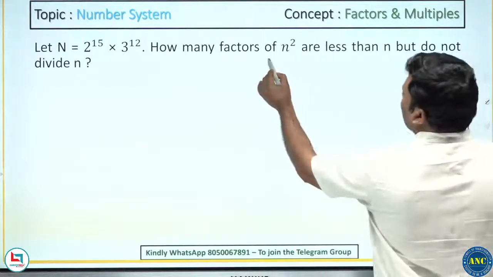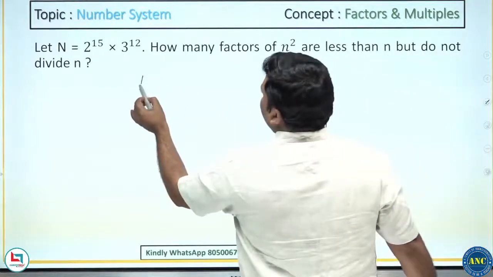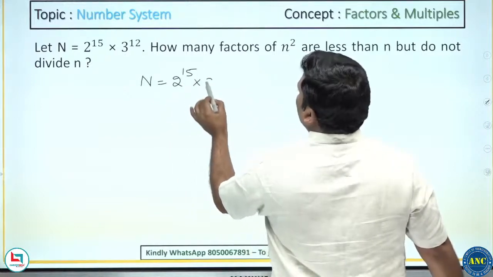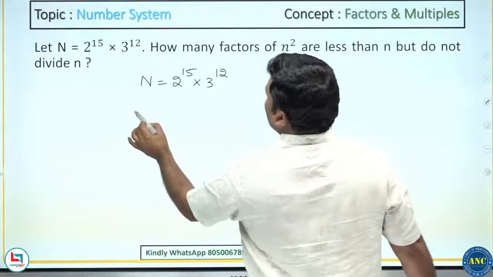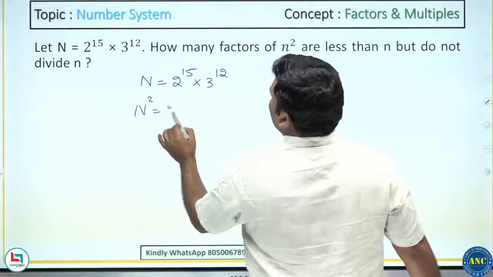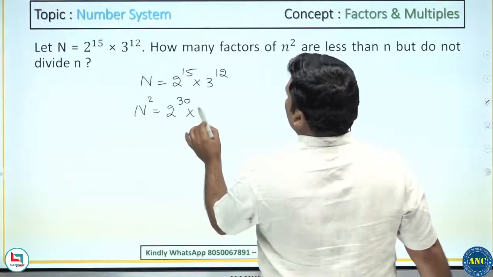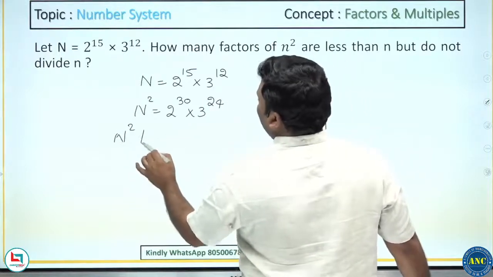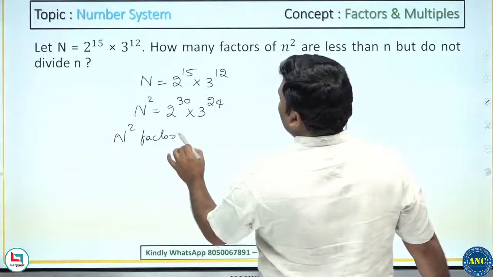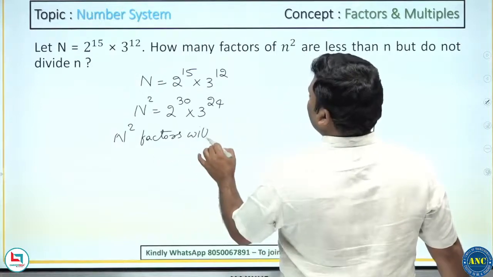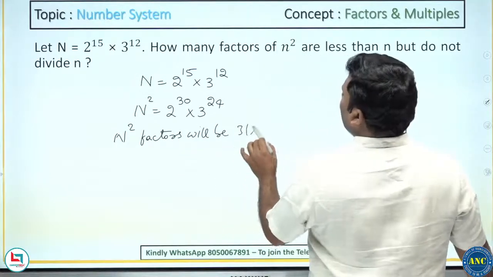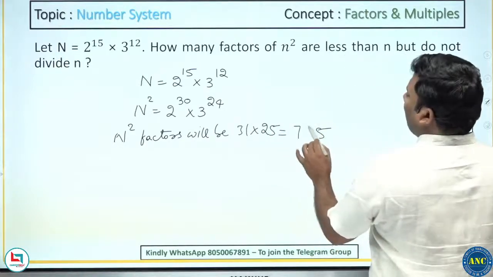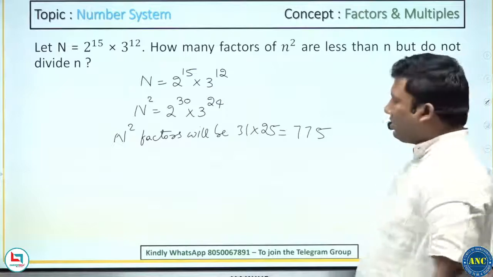Suppose the question is, again I am explaining, sir. n is 2 power 15 into 3 power 12. n square will become 2 power 30 into 3 power 24. n square factors will be 31 into 25, which is 775.